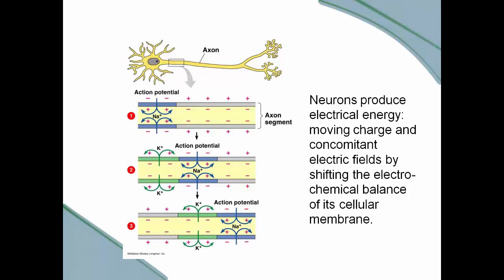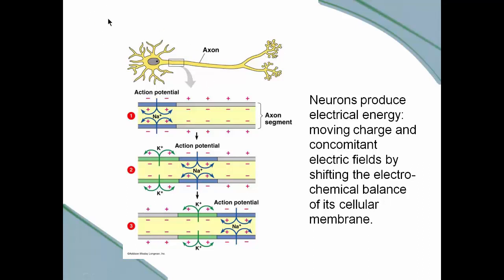And so that interchange creates a wave, essentially, a wave that moves down the axon. So here you see a neuron, and here's the axon. The long part of this is the axon, and here we have dendrites. We have the cell body or soma here, and out here we have what are called the neuron buttons.